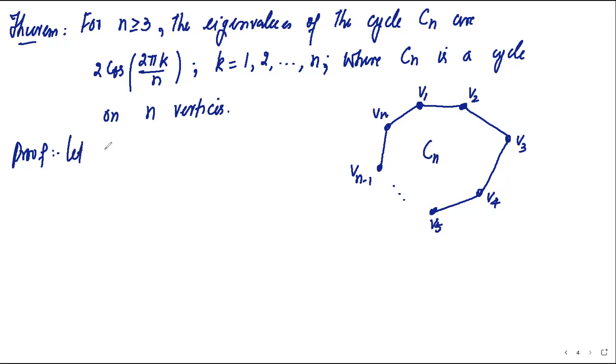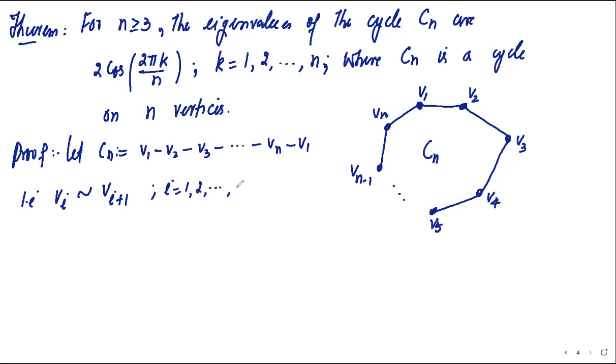Let Cn be defined by V1 adjacent to V2, V2 adjacent to V3, and so on, and lastly Vn adjacent to V1. That is, Vi is adjacent with Vi plus 1, where i runs from 1 up to n minus 1, and Vn is adjacent with V1. So this is how we define the adjacencies in the cycle Cn.